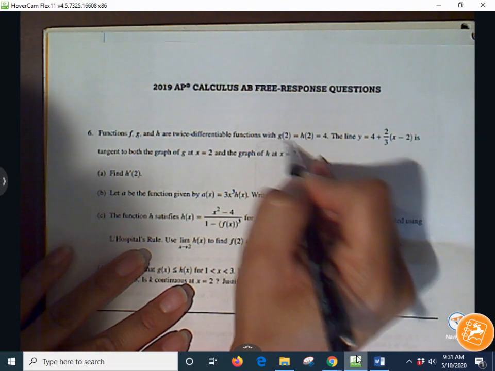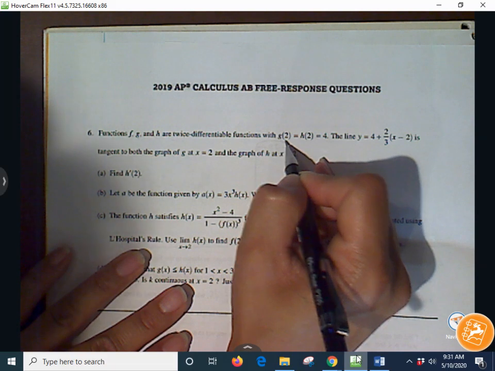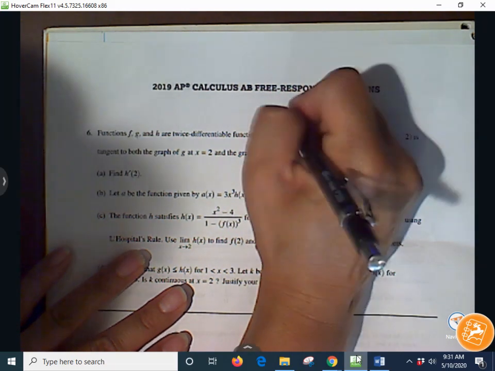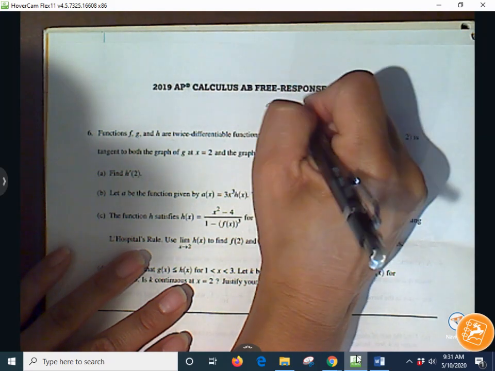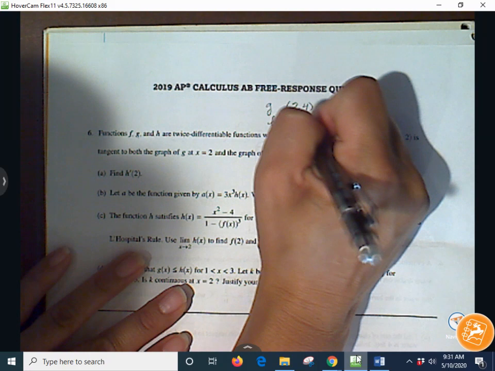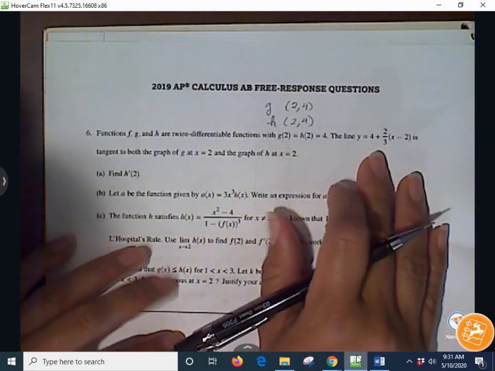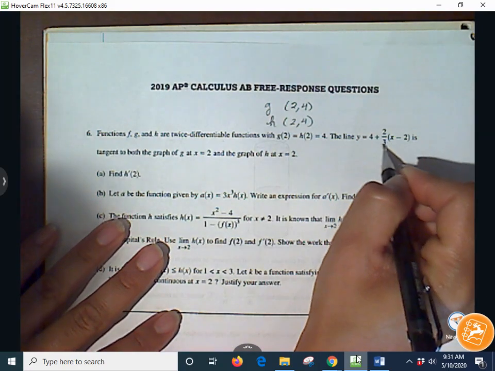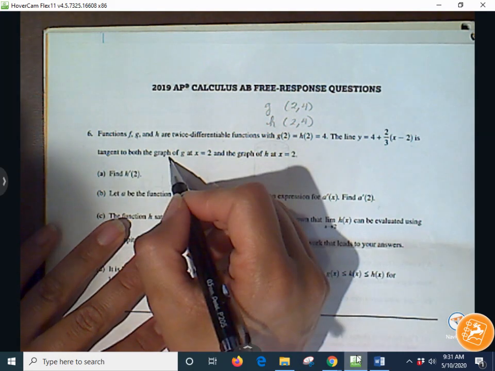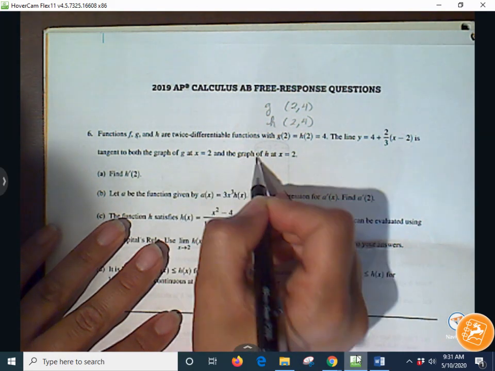And then you have g of 2 is equal to h of 2, which is equal to 4. So that basically means that for your g function, you have 2, 4, and for h function, you also have 2, 4. Okay? And then they said the line is tangent to both g and h at x equal to 2.